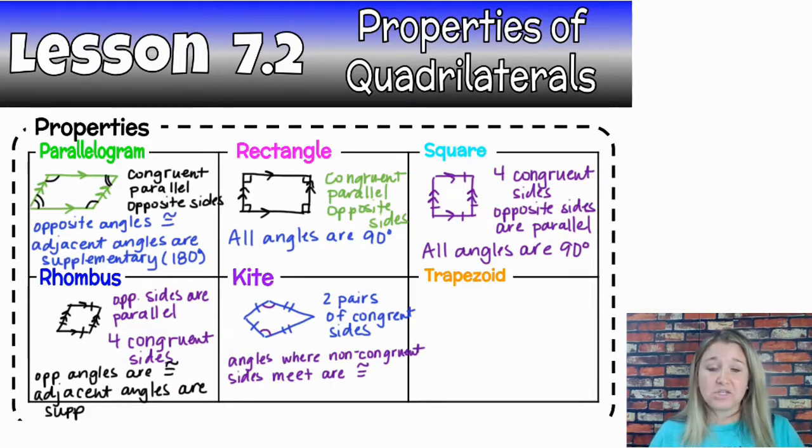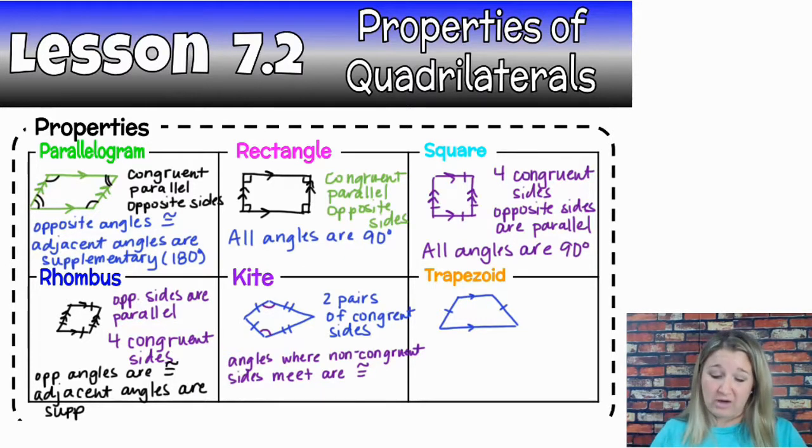All right, and then lastly, a trapezoid. There are several different types of trapezoids, but I'm just going to show you and talk about an isosceles trapezoid. With an isosceles trapezoid, the two slanted lines are going to be congruent. With a trapezoid, the only stipulation is that these two lines are parallel.